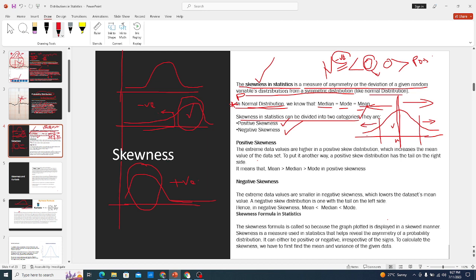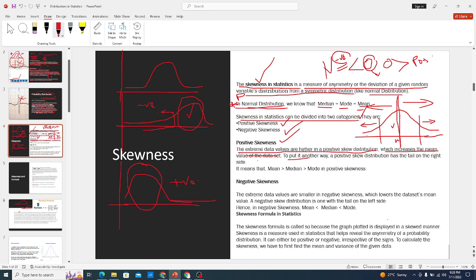With these graphs, maybe for better understanding for those who understand out of illustration. So positive skewness, we are saying that the extreme data values are higher in a positive skew distribution, which increases the mean value of a data set.